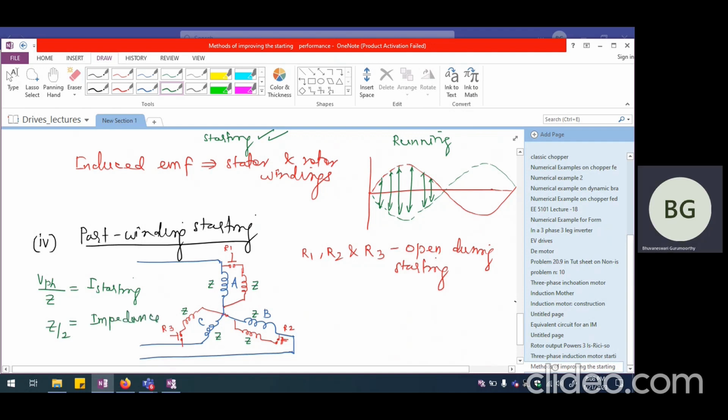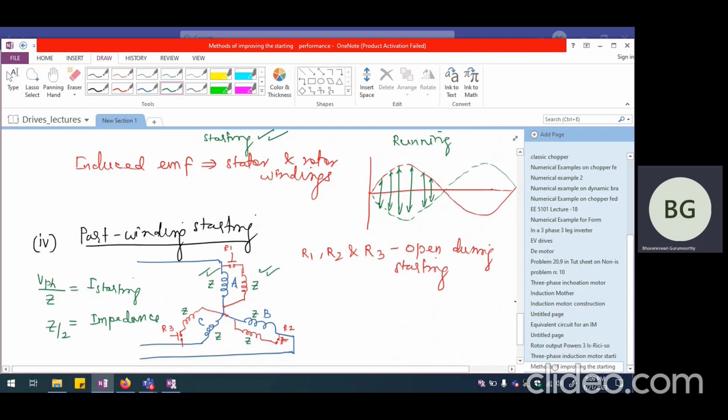So of course, we have less current flowing during starting, but during running condition the back EMF has already built up. So you are going to have less current flowing even during running, but a good amount of torque will be generated because both windings are put into service.